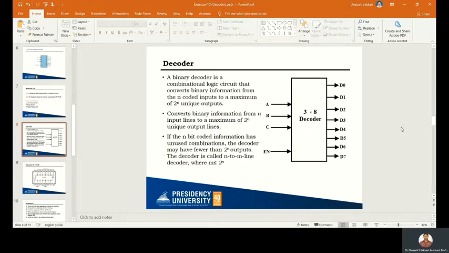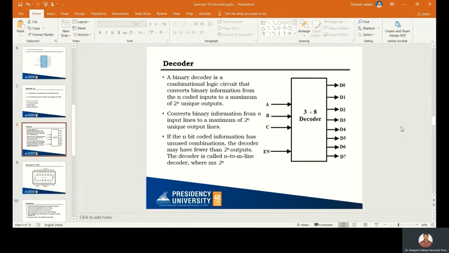The decoder is called n to m line decoder, where m is less than or equal to 2 to the power of n. I mean, if I don't need all the 8 outputs, then I can limit only few outputs like that.